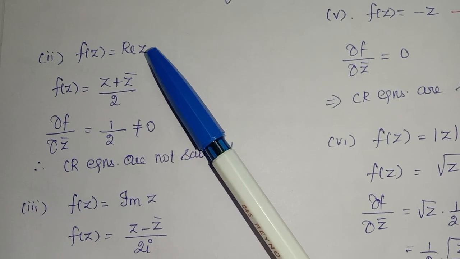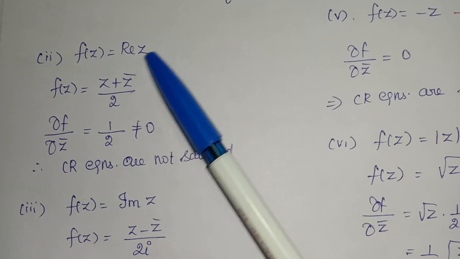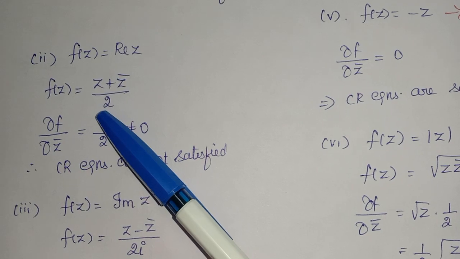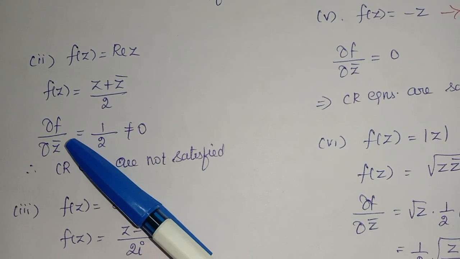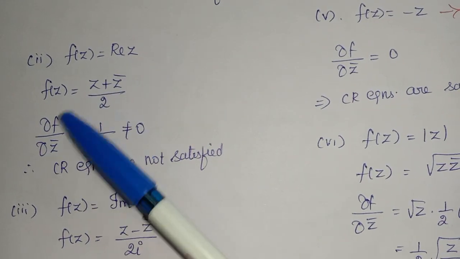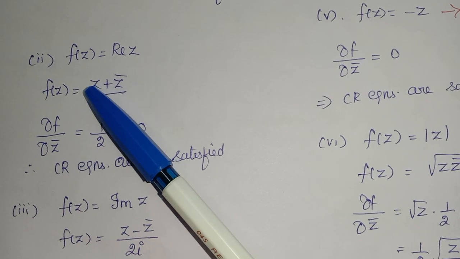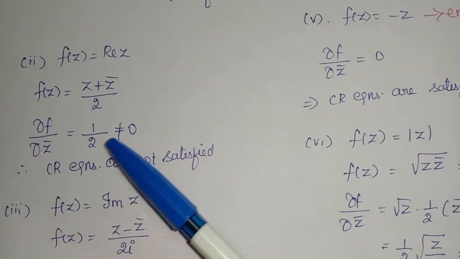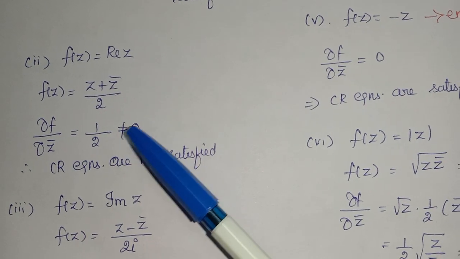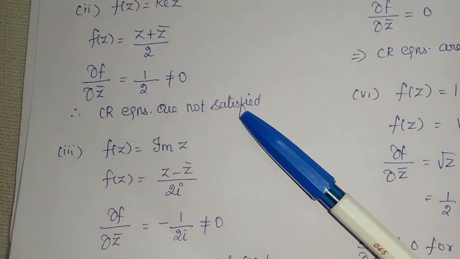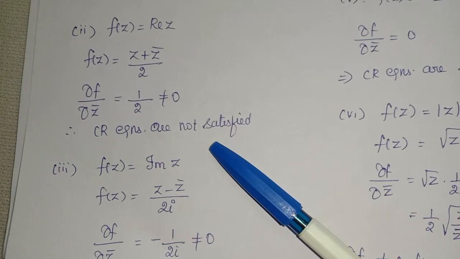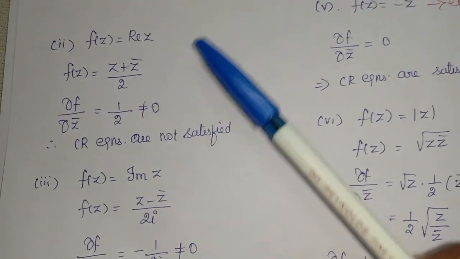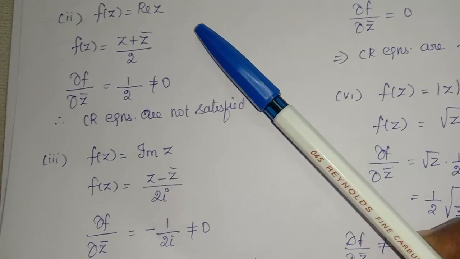In that one I have given you that real part of z can be written as z plus z bar by 2. Now you differentiate with respect to z bar. When you differentiate with respect to z bar, this z will become 0. Okay, 0 plus 1, 0 plus 1 is 1. 1 by 2. 1 by 2 is also not equal to 0. So CR equations are not satisfied. Okay, so not satisfied means what? It is not differentiable. The given function is not a differentiable function.